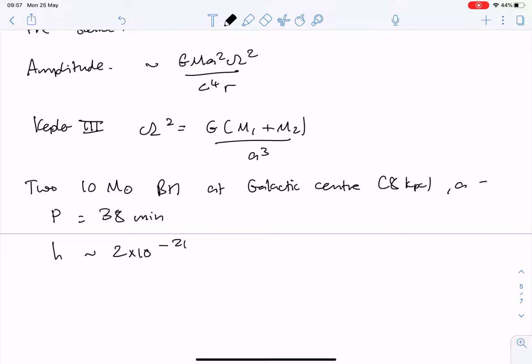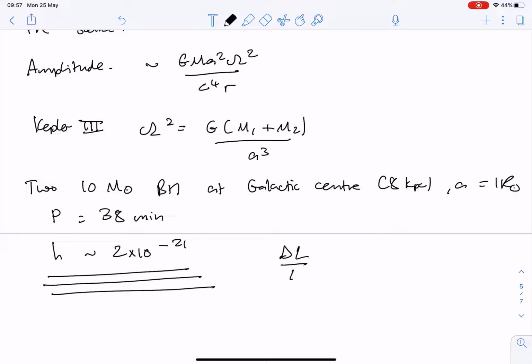Sorry, here a is 1 solar radius. So this is a tiny, tiny change. Right, this is delta L over L. Remember? So it's less than 0.1 millimeters over 5 parsecs or something like that.